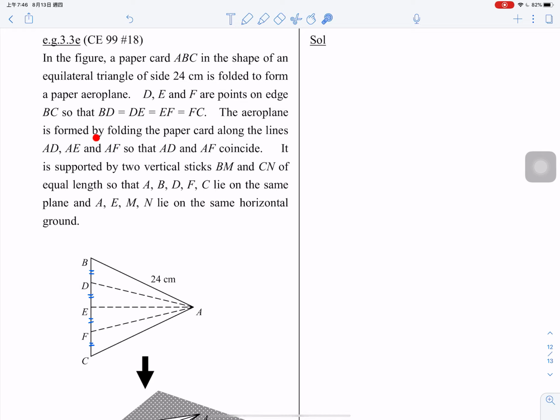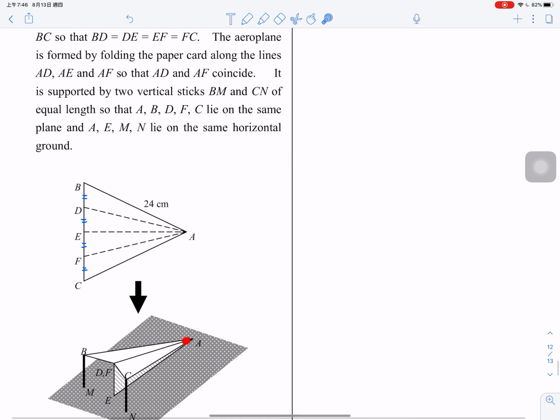The airplane is formed by folding the paper card along the lines AD, AE, AF, so that AD and AF coincide. AD and AF coincide, then it will form the paper airplane.